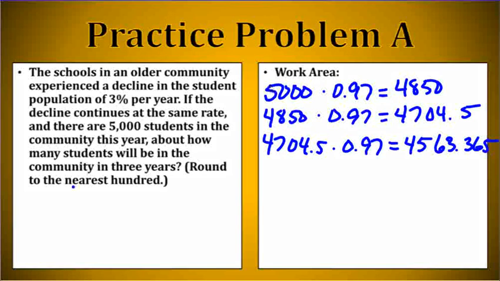We need to round to the nearest hundred. The 5 is in the hundreds place. That means we have to look at the 6. The 6 tells you to round this 5 up to 6. So we would say about 4,600 students will be in the community at that time.